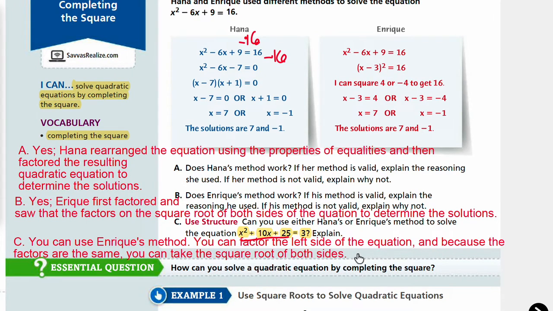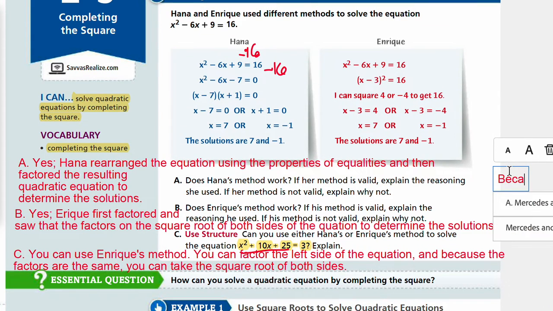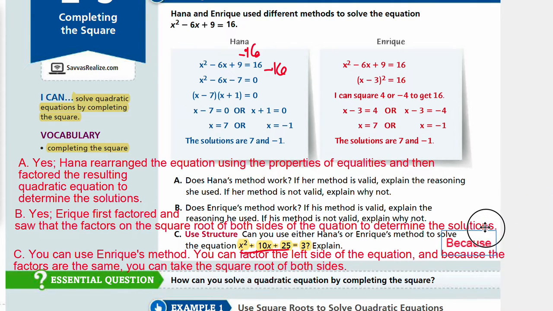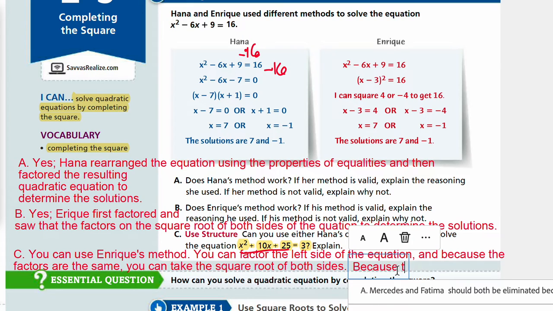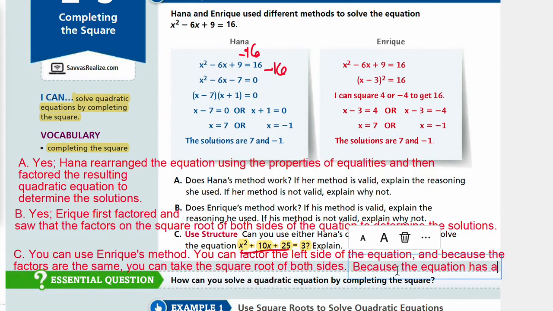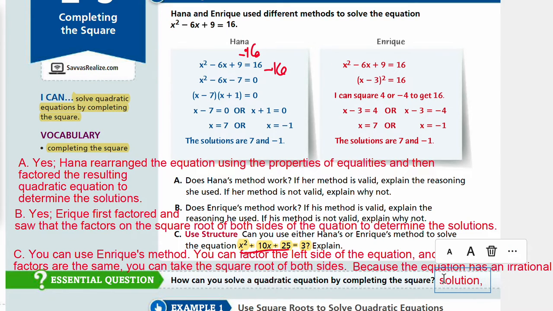We also want to add that because the equation has an irrational solution, you cannot use Hannah's method of factoring.